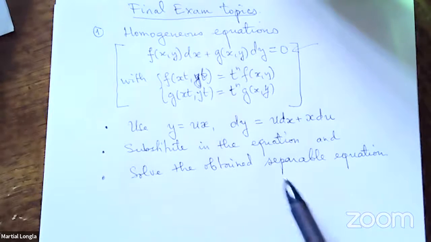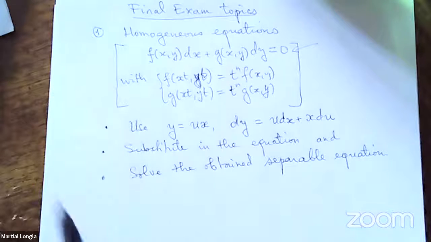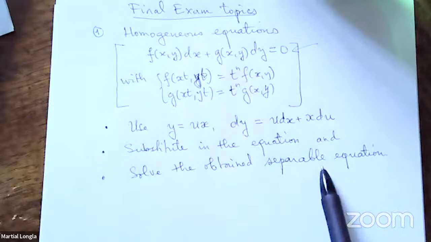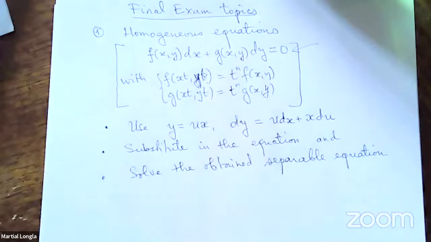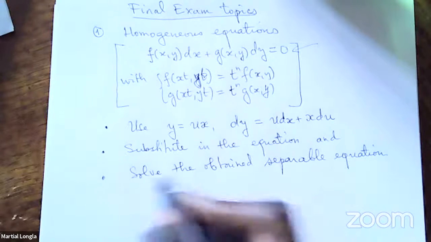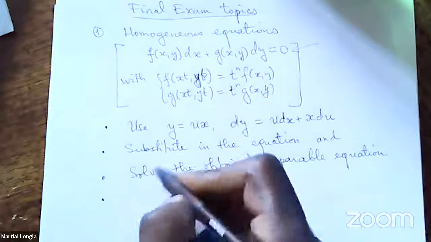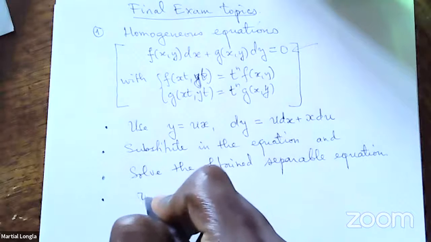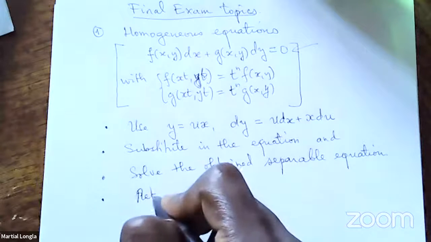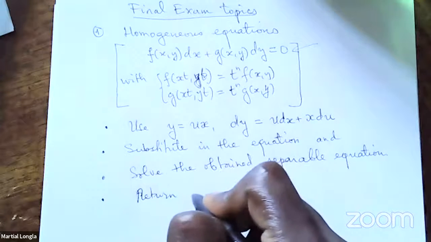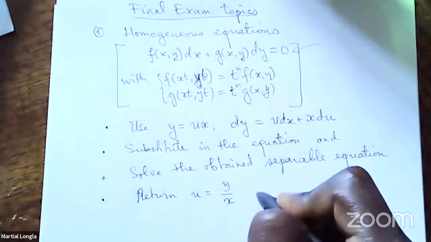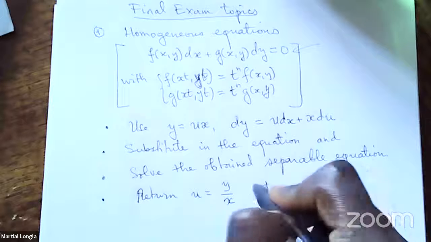Those separable equations will not be given as a separate question. Separable equations are present in the solution of the homogeneous equation. And the last step here will be to return u equals y over x and to the final answer.